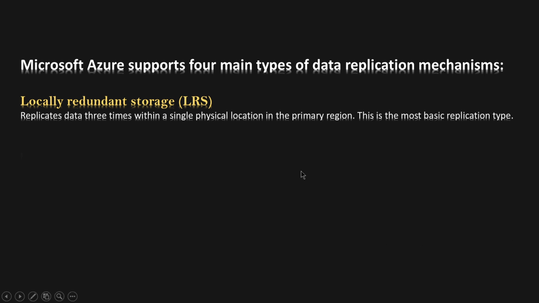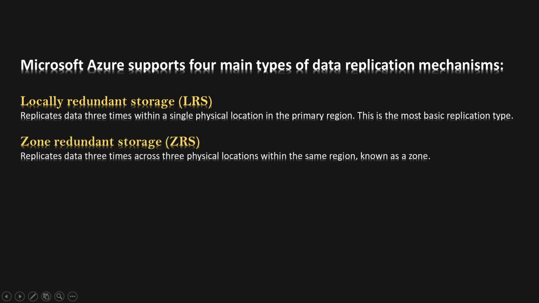Second, we have zone-redundant storage, ZRS. It replicates the data three times just like locally redundant storage, but in the same region. In the previous one it was the primary region, whereas in zone redundant storage it is stored within the same region.